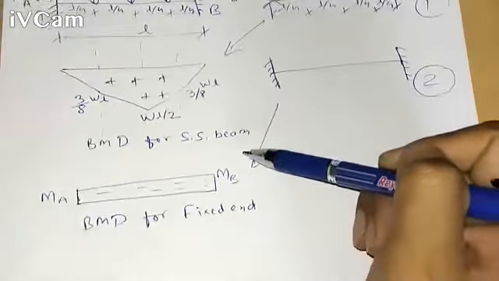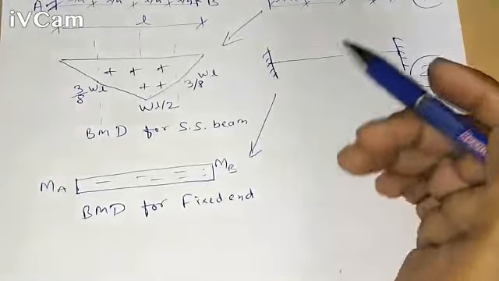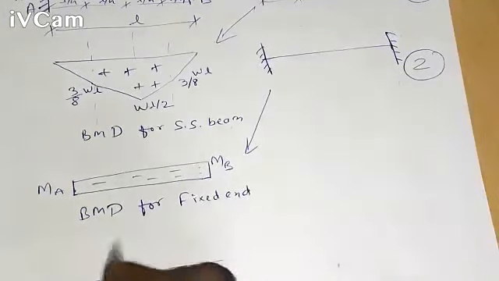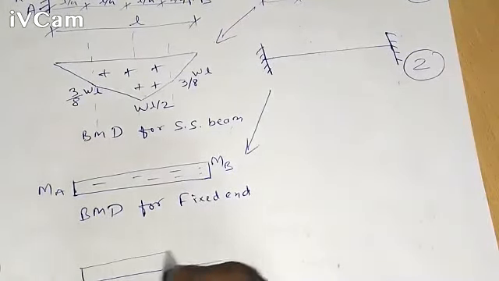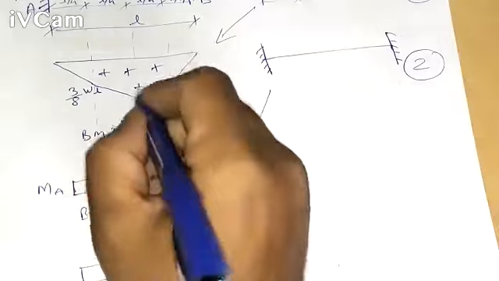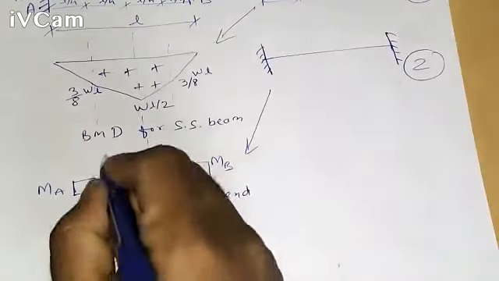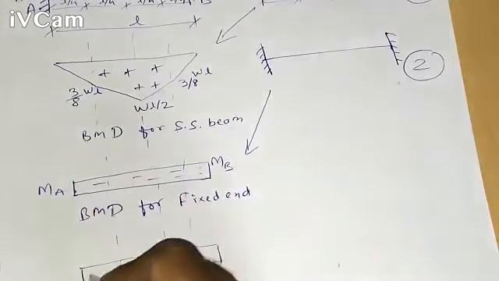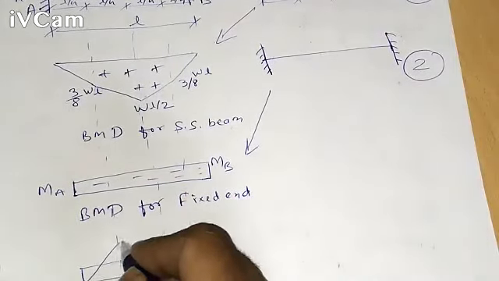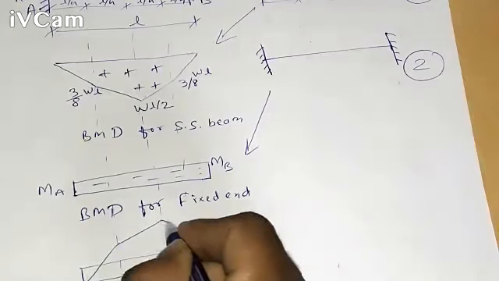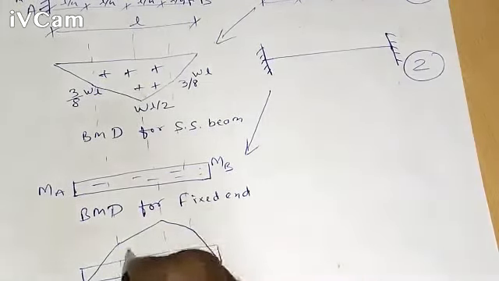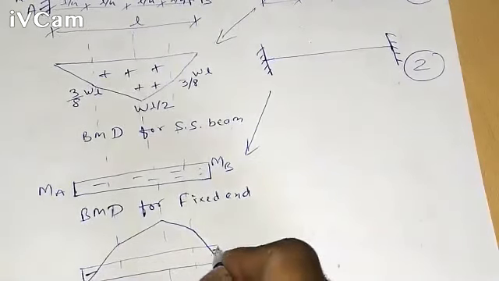Now we can merge these bending moment diagrams. If we merge them, we will get this one is minus, and this one is plus.